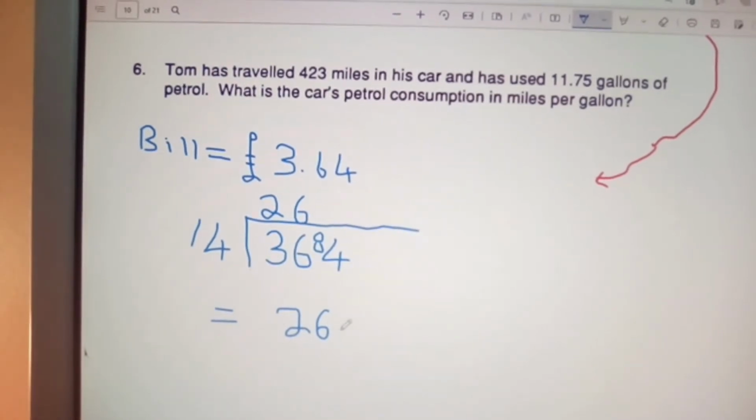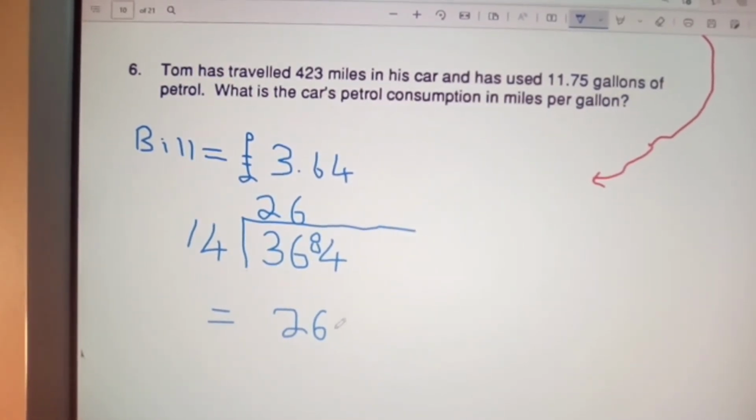Right. So moving my decimal point 2 places here, that's my decimal point, and that is 0 here.